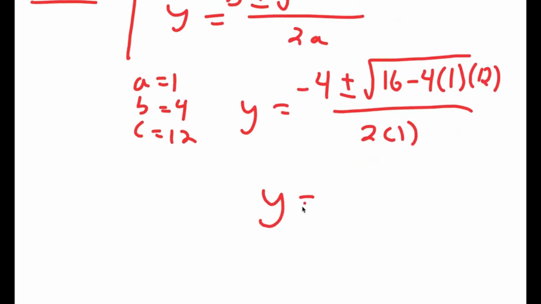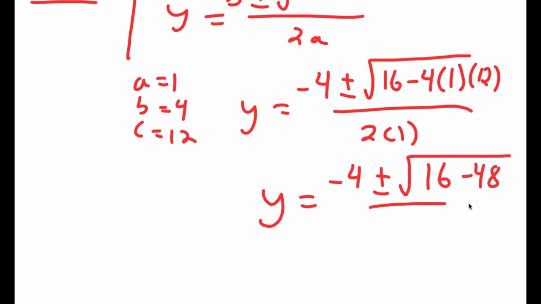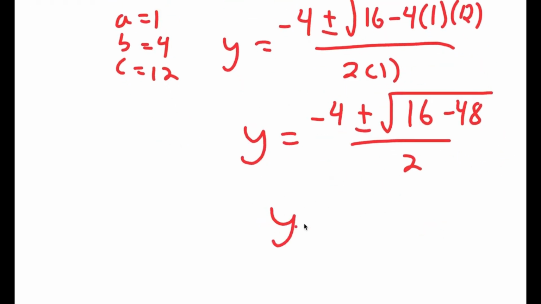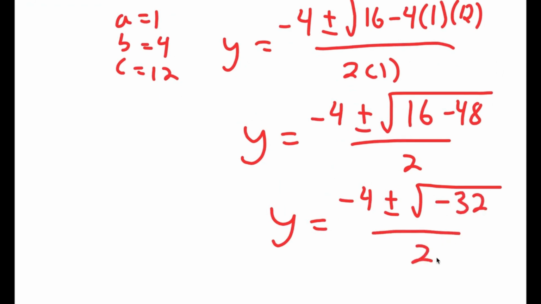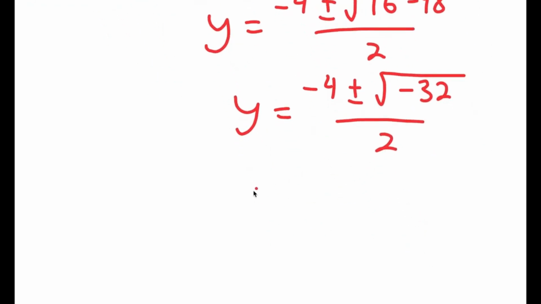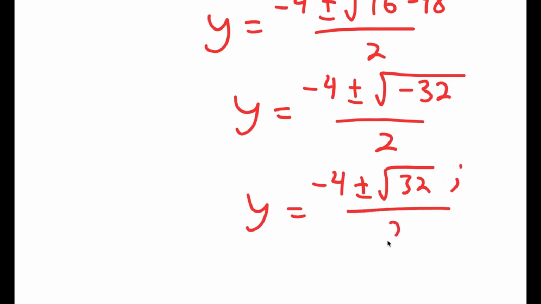And this is equal to negative 4 plus or minus the square root of 16 minus 48, over 2, which is equal to negative 4 plus or minus the square root of negative 32, over 2. And this is equal to negative 4 plus or minus the square root of 32 times the square root of negative 1, which is the same thing as i, over 2.